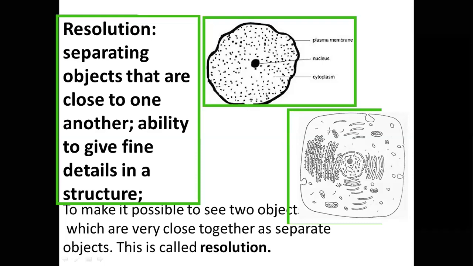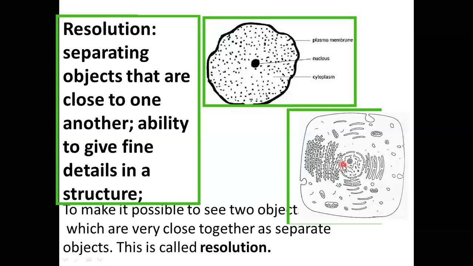Here we can even see the Golgi apparatus and the nucleolus. In the light microscope the nuclear membrane is not even visible, but when we resolve, we can see that it is a double membrane.